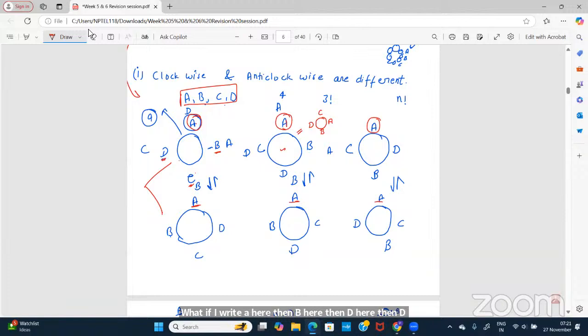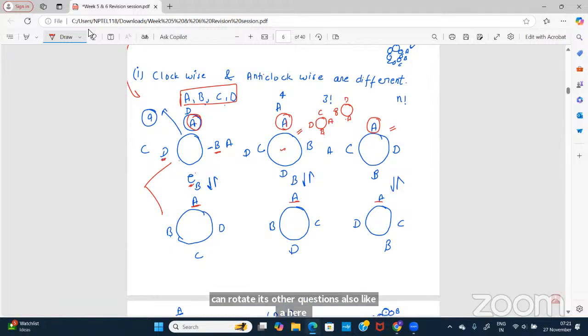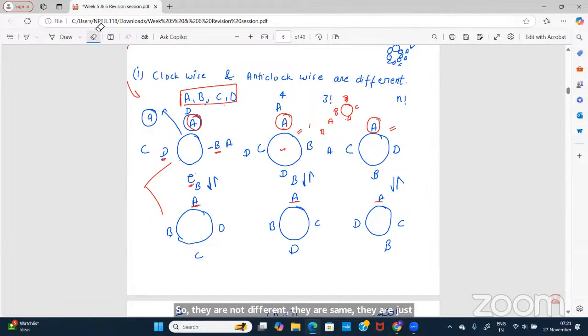You can rotate in other fashions also, like A here, then B here, then D here, then C here. So that will be the rotation of the same figure. They are not different, they are same. They are just the rotation of all these six figures. If you try to find the different arrangements, they will be these six figures only.